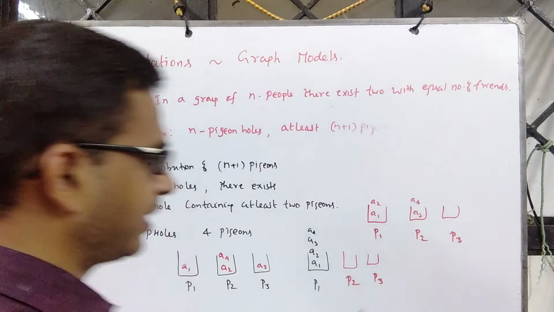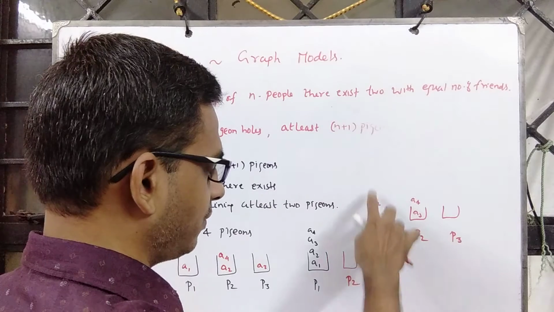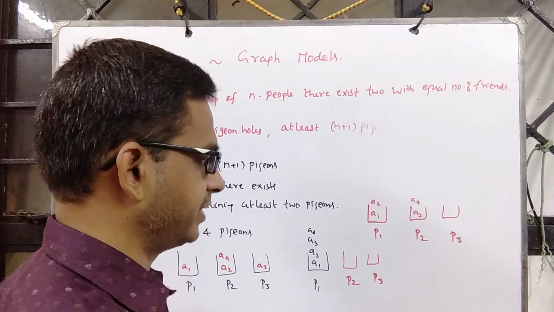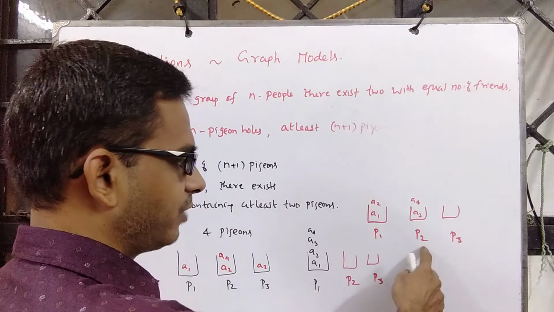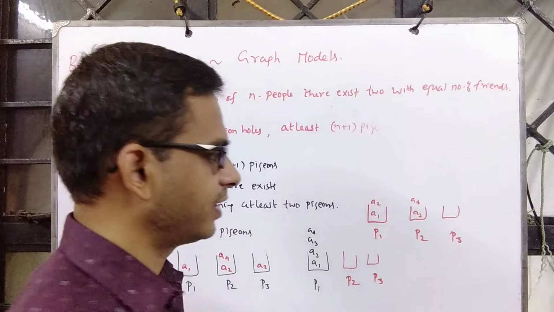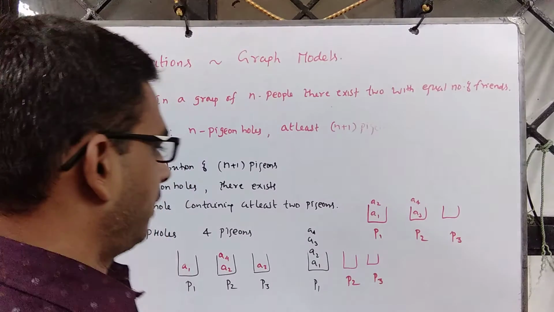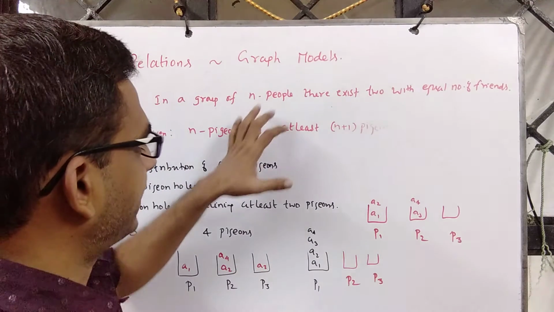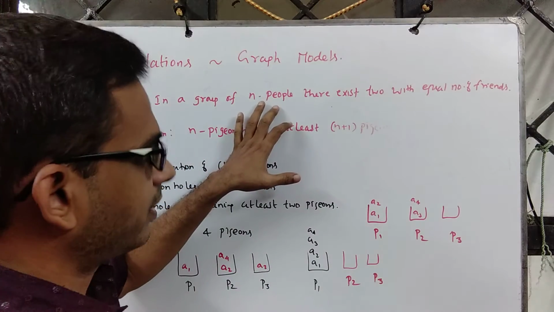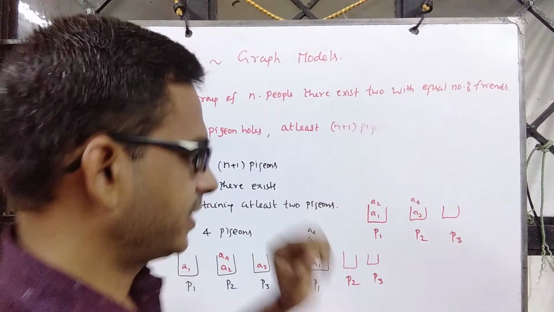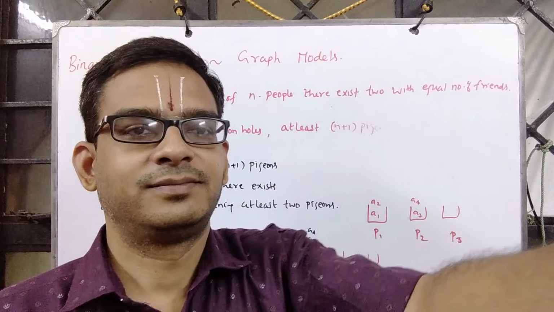Now you see that at least one pigeonhole contains at least 2 pigeons. You may find more than one pigeonhole containing this as well. Okay. Now, for this case study, what are pigeons? What are pigeonholes? Which we shall see next.